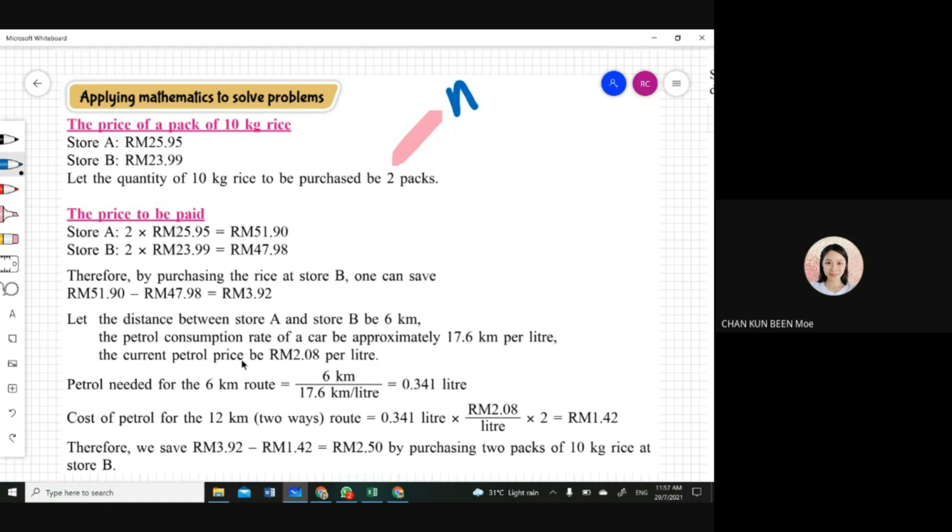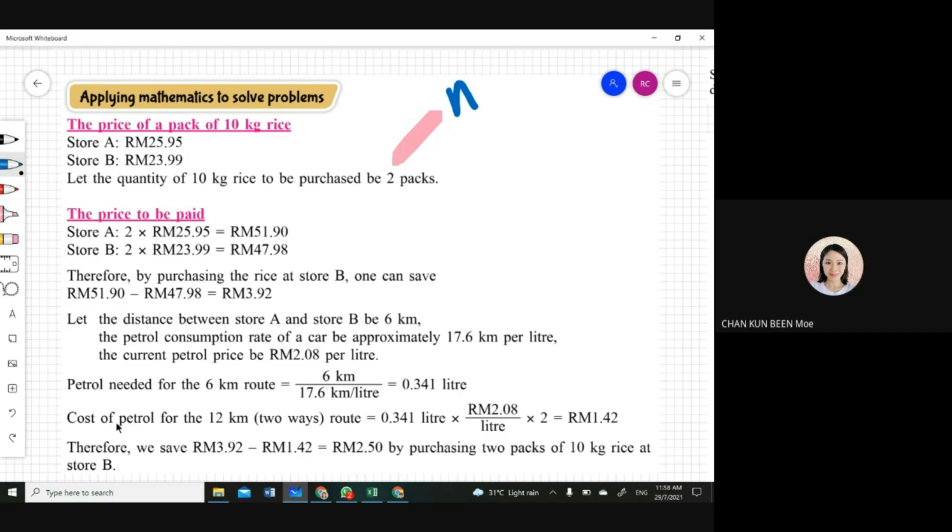Let the current petrol price be 2 ringgit 8 cents per liter. Petrol needed for the 6 km route will be the distance divided by the rate. The rate is 17.6, so for 6 kilometers, it will need 0.341 liter.